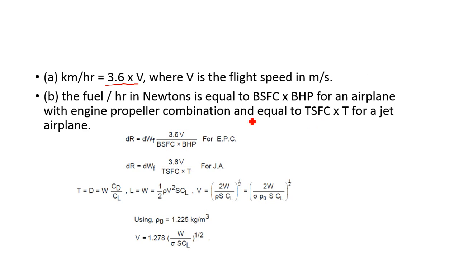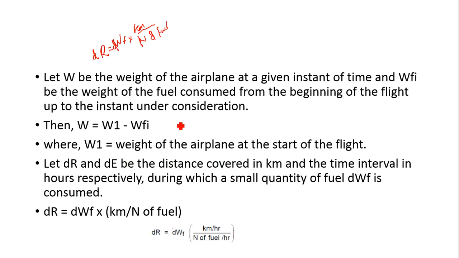So while substituting, we will get the equation dr equal to dWF into kilometer per hour divided by newton of fuel per hour. The general formula is into kilometer per newton of fuel. Considering kilometer per hour, how many kilometers are covered, and how much fuel is consumed per hour, we can put it as kilometer per hour divided by newton of fuel per hour.